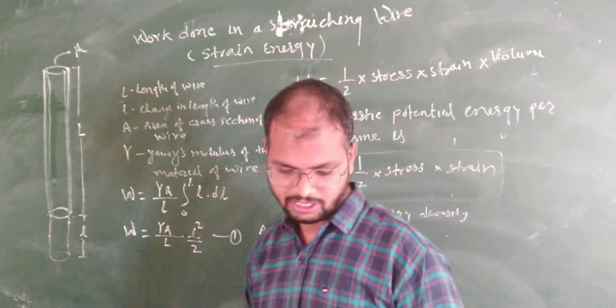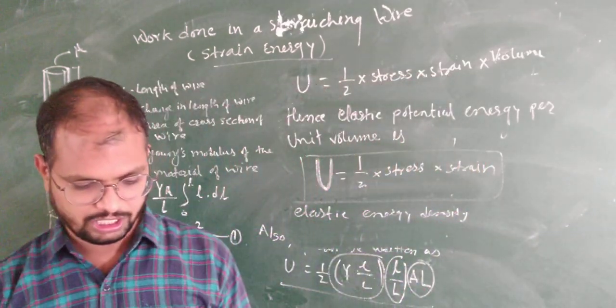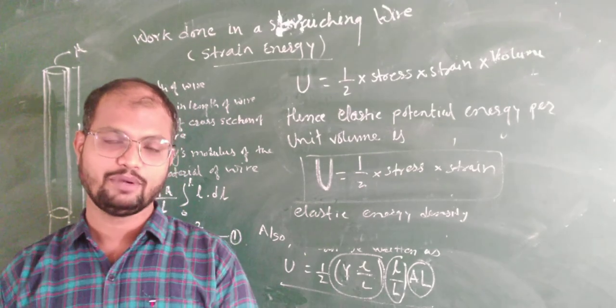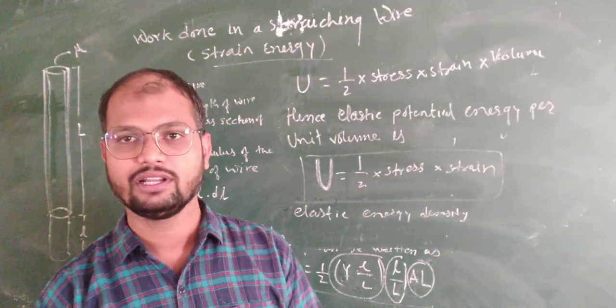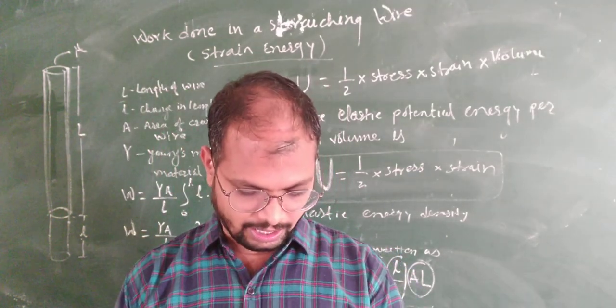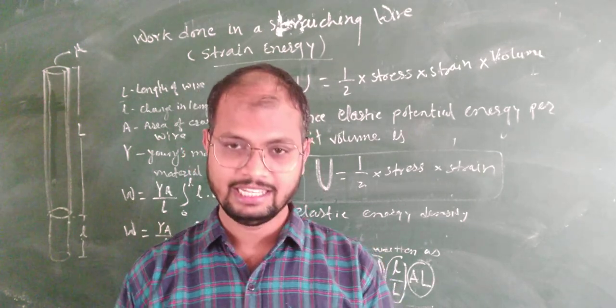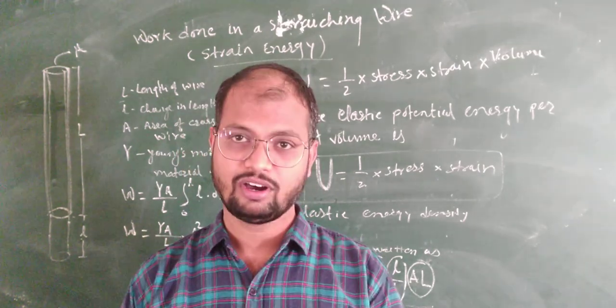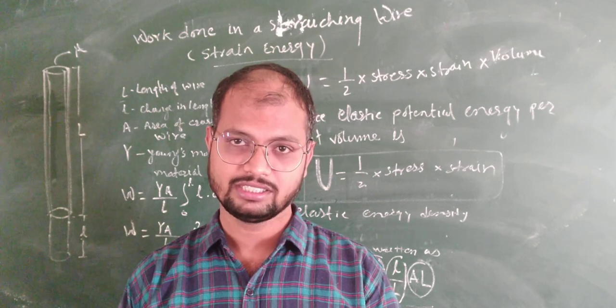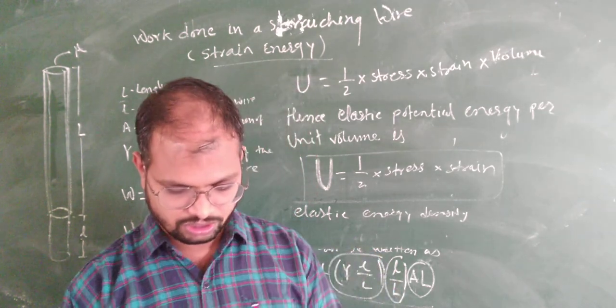This equation is written as half into stretching force into extension, that is half into A Y small l upon capital L into l. Here l is the extension, and A Y small l upon capital L is the stretching force.